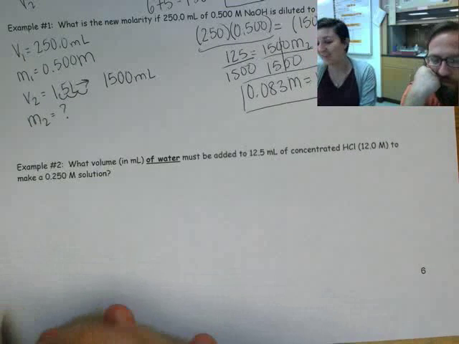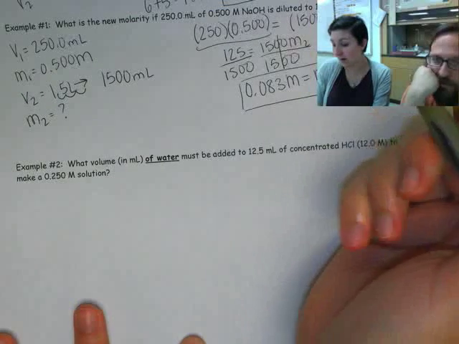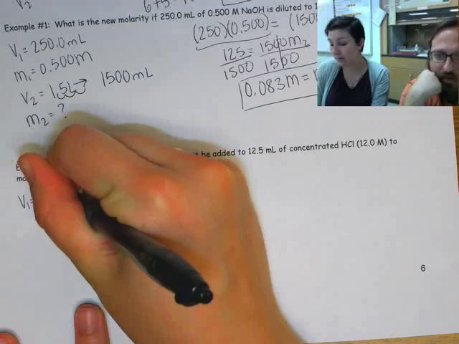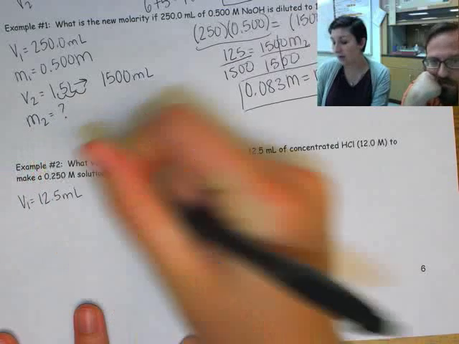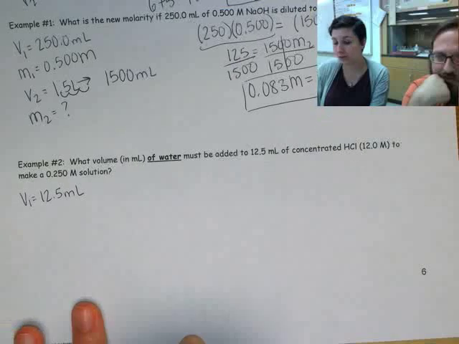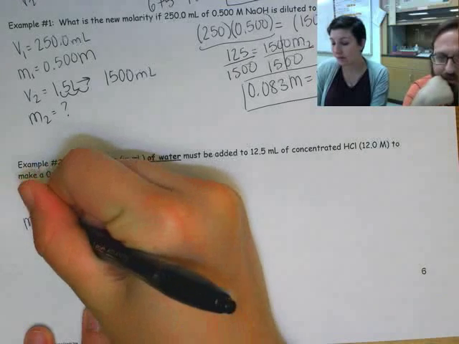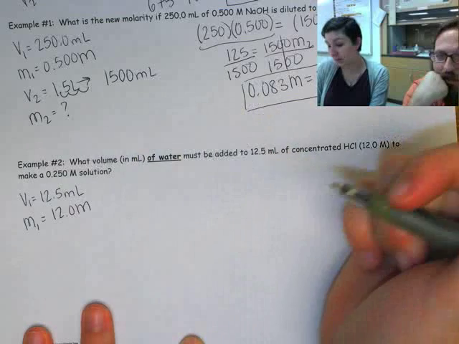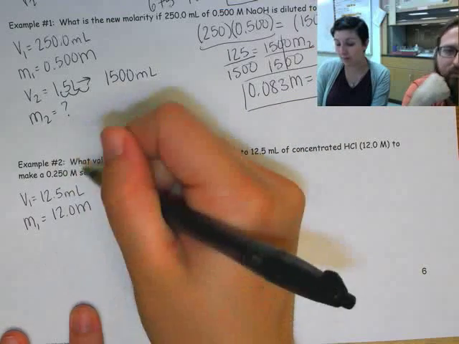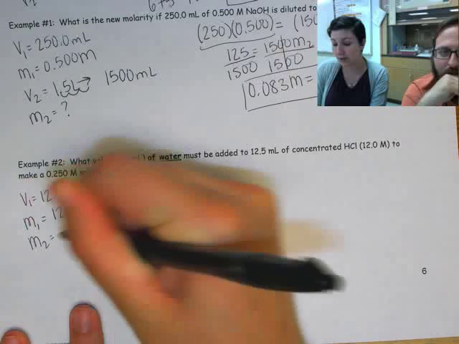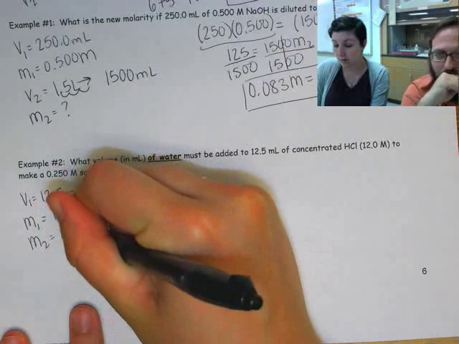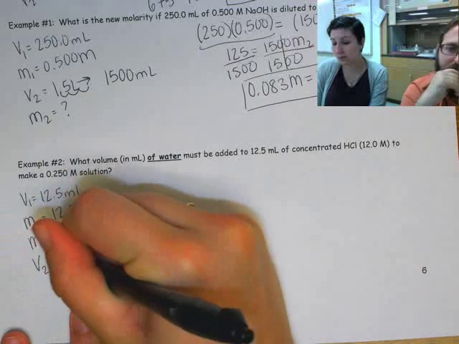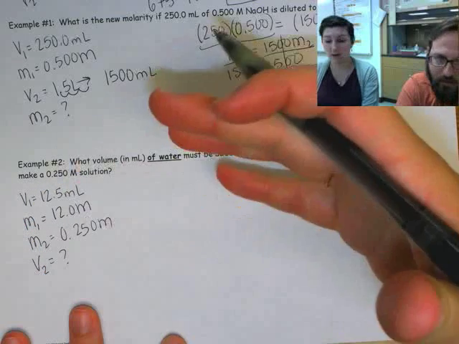We've got our V1, 12.5 milliliters, and our M1, the initial concentration, 12.0 molar. To make a 0.25 molar solution, this M2 is what it was changed to. And we're trying to find V2 so we can find out how much was added.